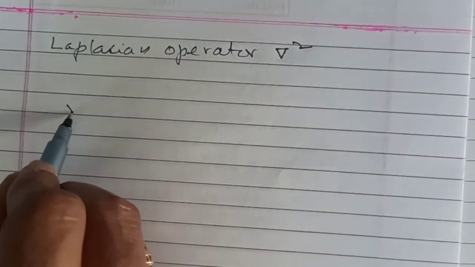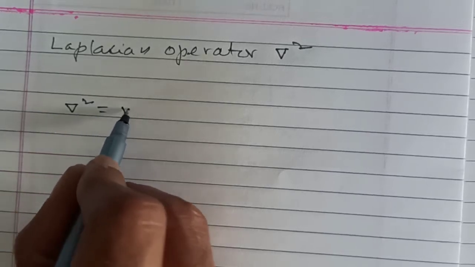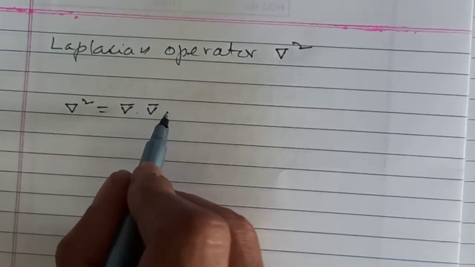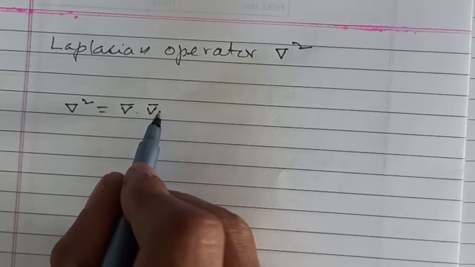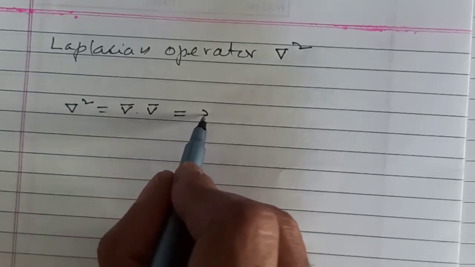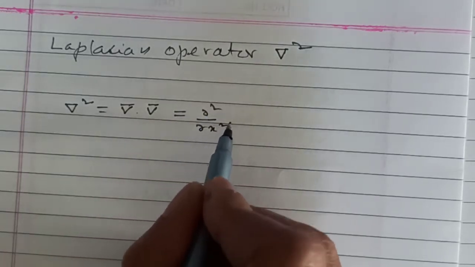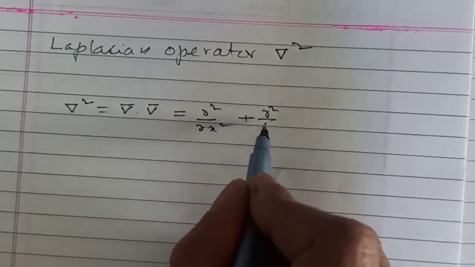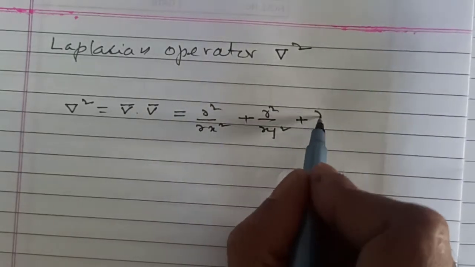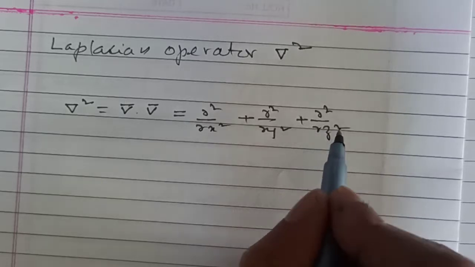Del square is equal to del dot del, which is equal to dou square by dou x square plus dou square by dou y square plus dou square by dou z square.